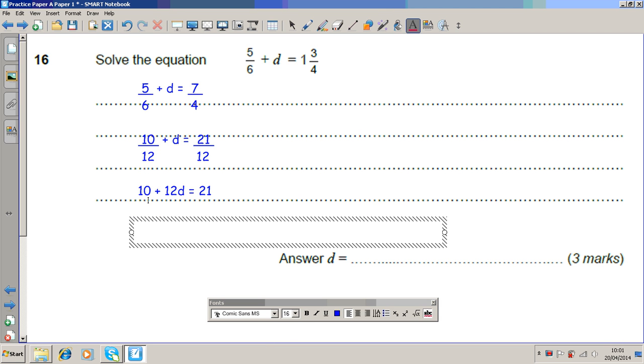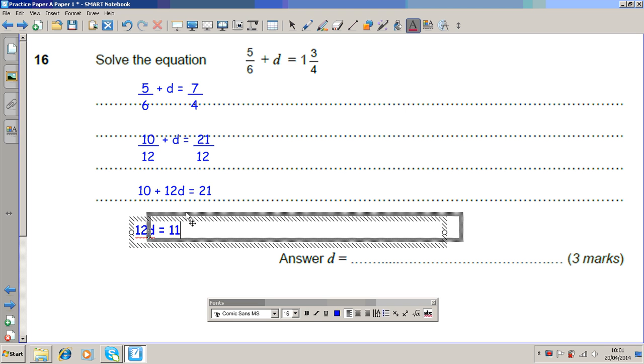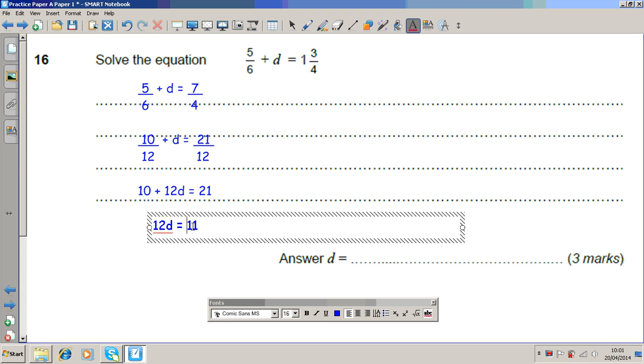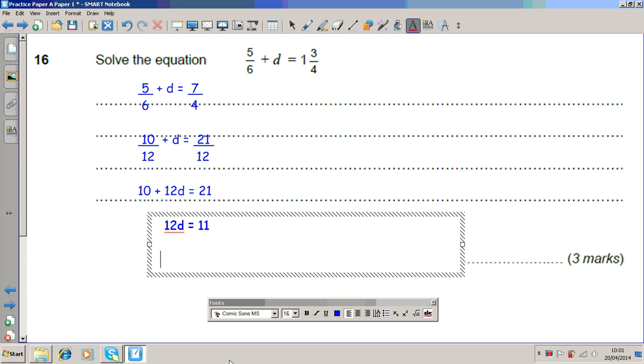Okay, so what I need to do is I need to take this 10 off of this side. So I take 10 off that side, I get 12d, and 21 take 10 is 11. And then if we divide by 12, we get 11 over 12.